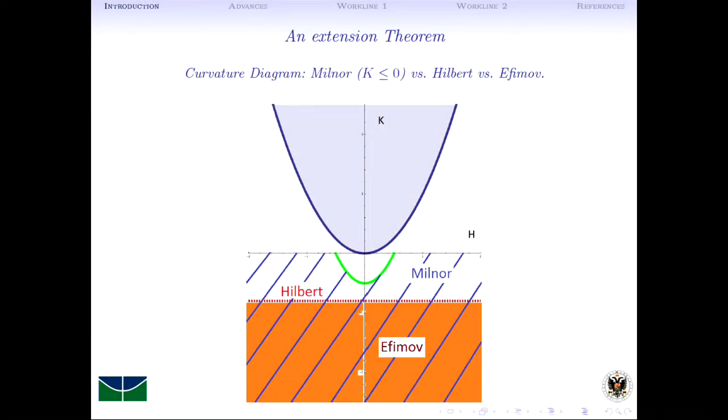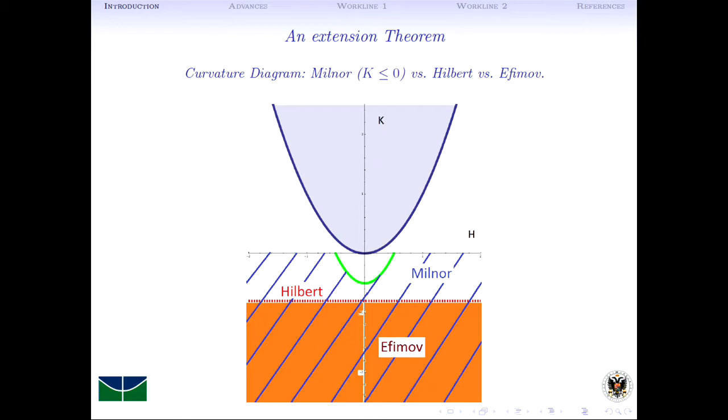We can compare the respective non-existence areas. If Milnor's conjecture was true for non-positive curvature of the surface, then this theorem would allow the existence in the surface of a sequence of points such that their respective principal curvatures tend simultaneously to 0.